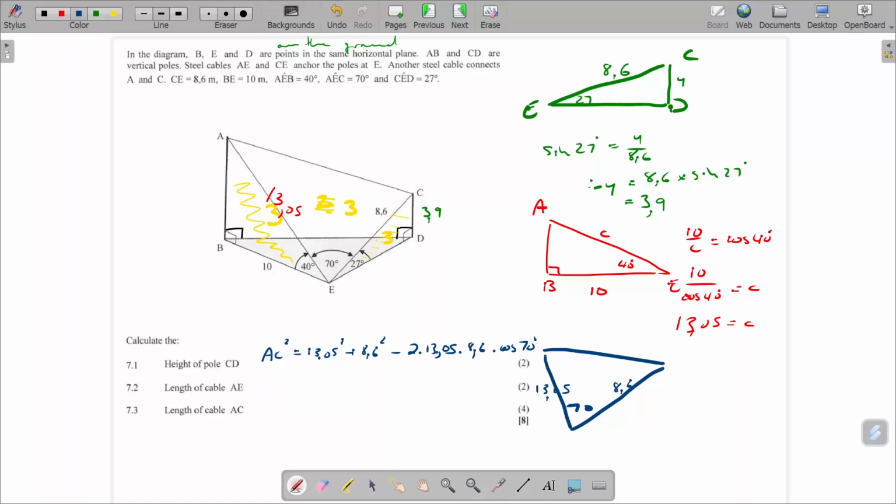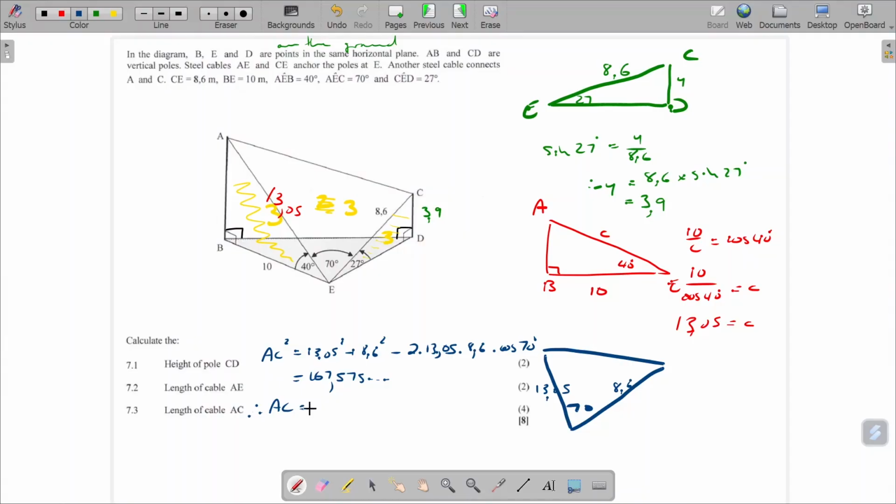So let's put this one in. Answer squared plus 8.6 squared minus 2 times answer times 8.6 times cos of 70 equals 167.575.